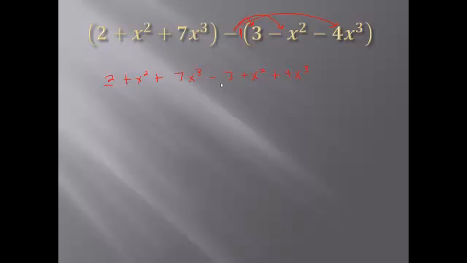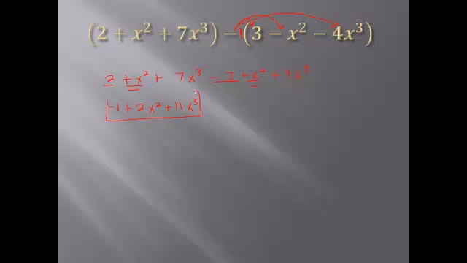So the 2 minus 3 would make -1. The x squared, +x squared, plus another x squared that's understood to be 1, plus 1 makes 2x squared. And then the 7x to the third plus the 4x to the third, both are positive, so we add those to make 11x to the third.